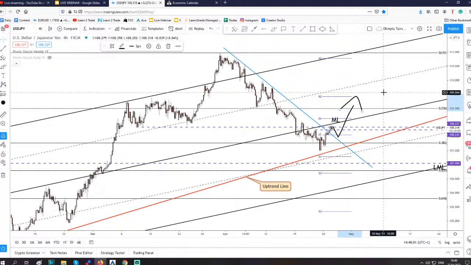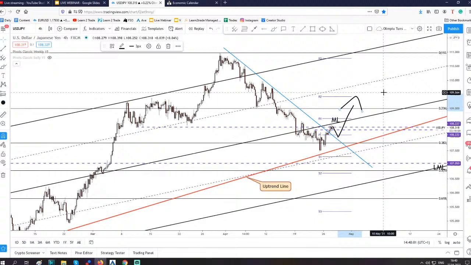Okay, so if the DXY jumps above the downtrend line, maybe above the weekly pivot, above the 61.8, if the DXY, the US dollar index, invalidates a further decline here, then the US dollar versus the Japanese yen could continue to increase and resume its rebound here.